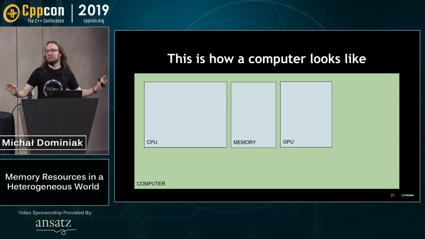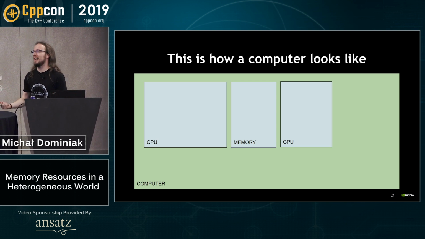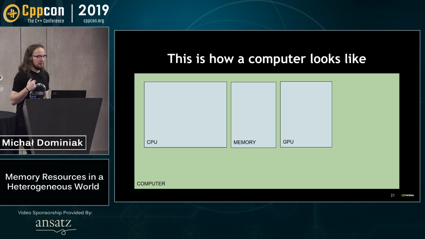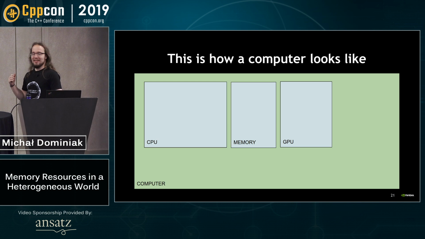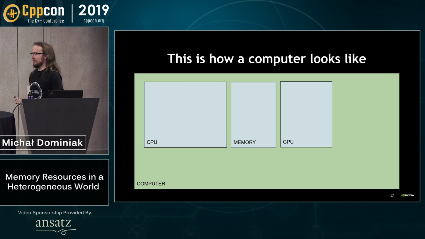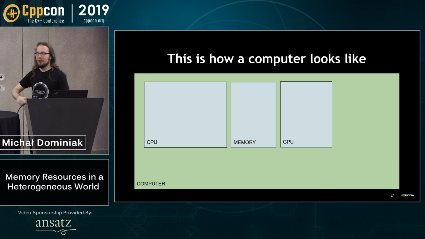Okay, so you have a computer, right? That computer has a CPU, it has memory, and it probably has a GPU. The GPU may be on the CPU because these are confusing times, but you're probably going to have a GPU somewhere. There are some connections between those. The CPU going to memory is going to be faster than the CPU going to the GPU.